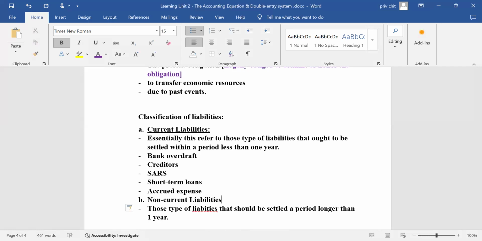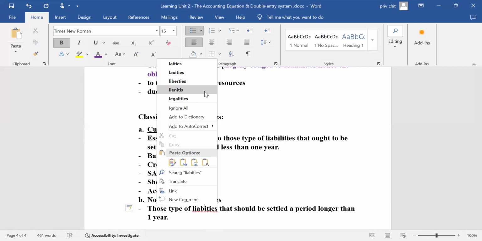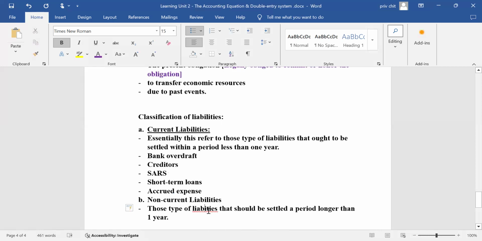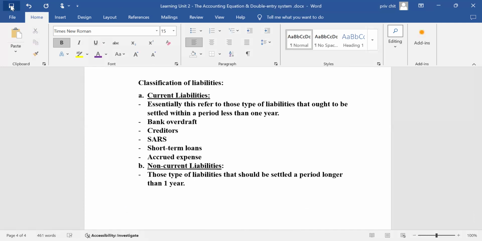So this one, they ought to be paid after 1 year. Do you see what's happening there? And you see the difference between them and the current liabilities. Is it making sense so far? Yes, 100%. Beautiful.